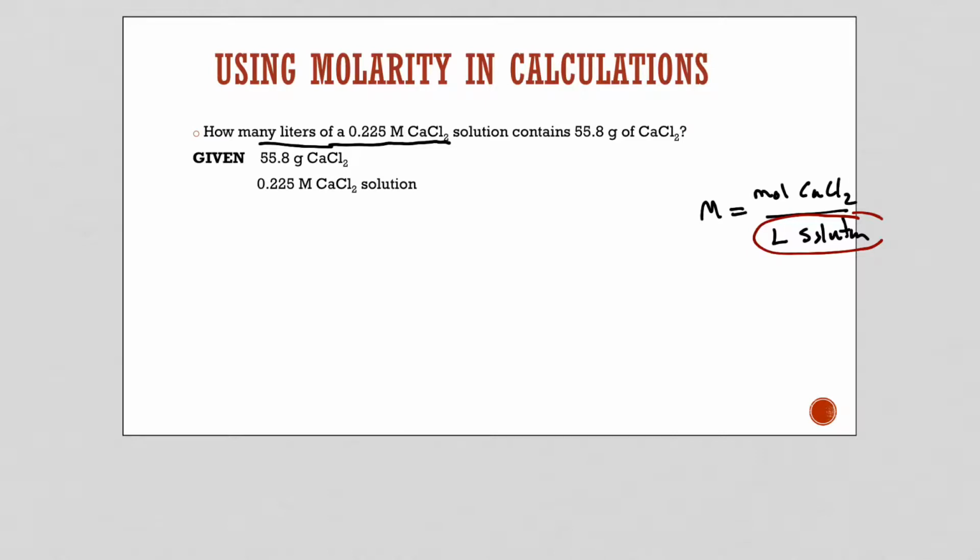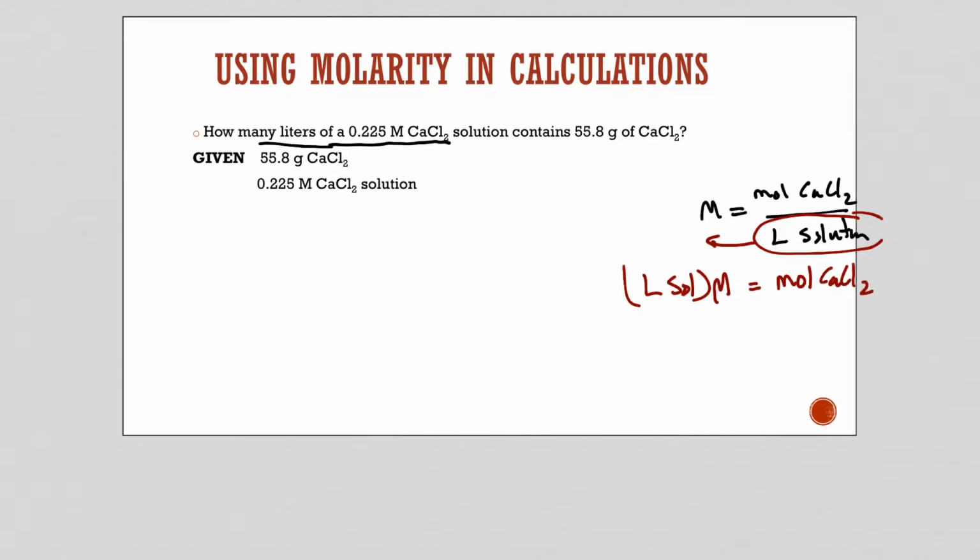So let's think about rearranging this equation a little bit. How do we get the liters of solution by itself? One easy thing to do is simply to multiply both sides by the liters of solution, so that I get the liters of solution times the molarity equals the moles of calcium chloride.